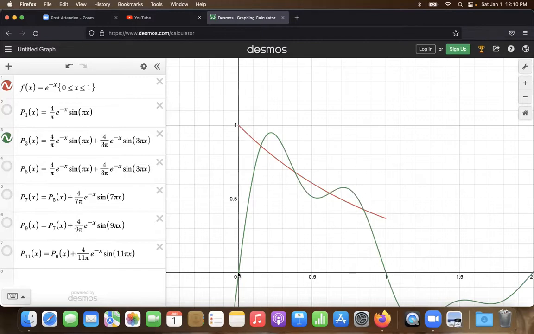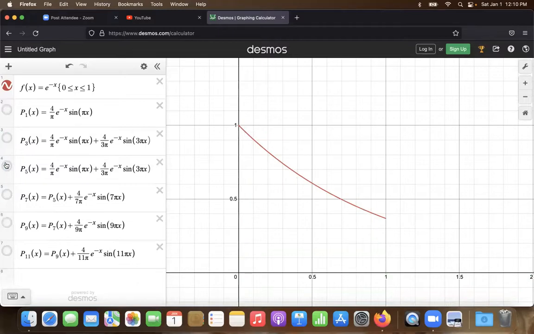At x equals 0, we get 0, and at x equals 1, we get 1. That was actually a requirement of our eigenfunctions for the problem. But on the interior of that interval between 0 and 1, the function is getting closer to that graph, taking only 2 terms.